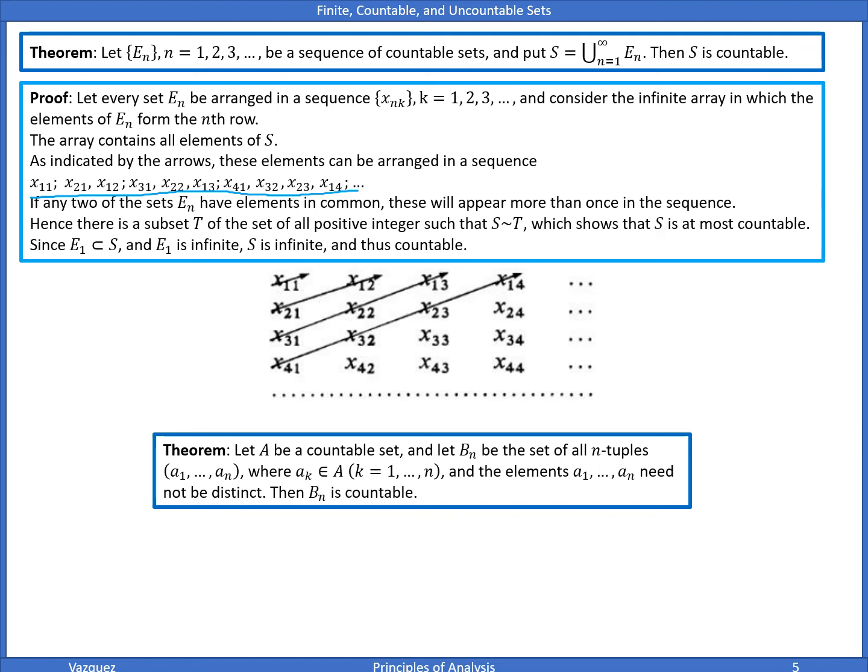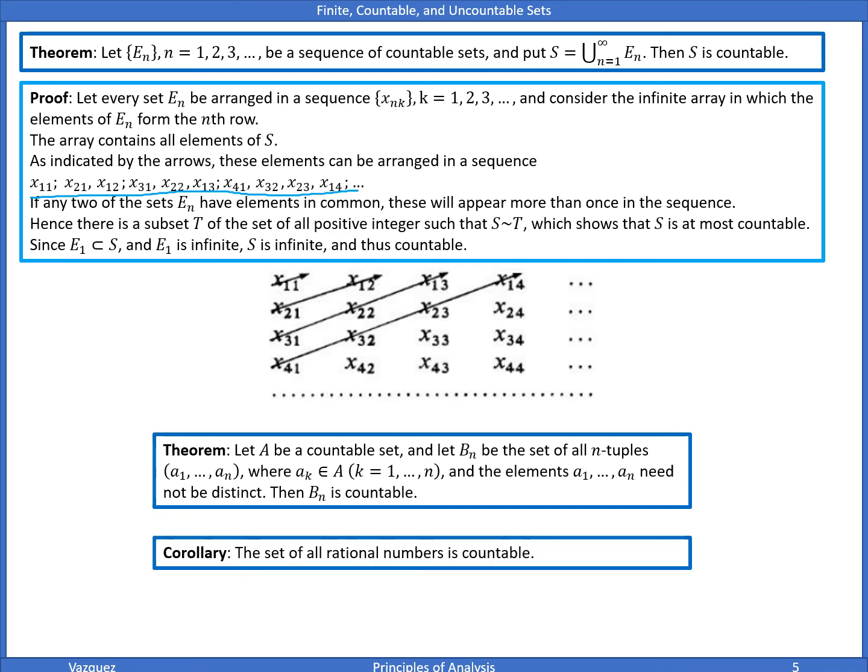Then B sub n is countable. That shouldn't be too hard to see. And then the corollary tells us that the set of all rational numbers is countable. You might have seen that proof before.